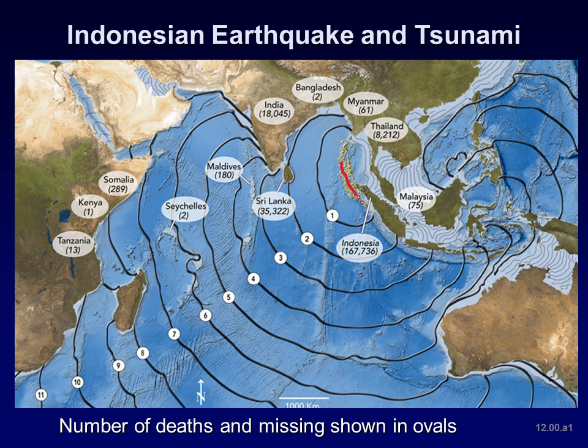As the seafloor basically jumped up several meters, it pushed all of the water above it up, and that's what caused the tsunami. The tsunami traveled 800 kilometers per hour, which is about 500 miles per hour, on average away from the rupture. It arrived within minutes in Indonesia, and 7 hours later it reached the east coast of Africa.